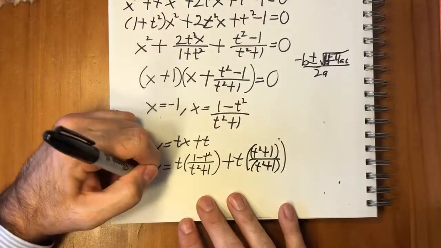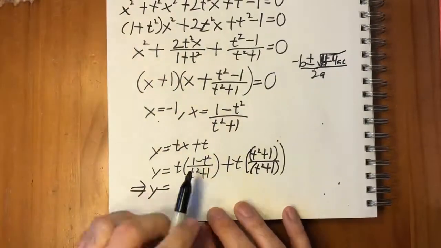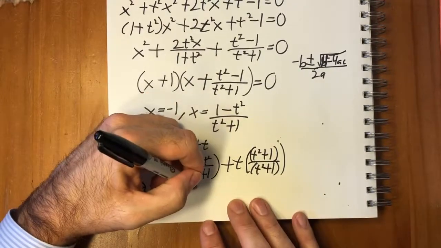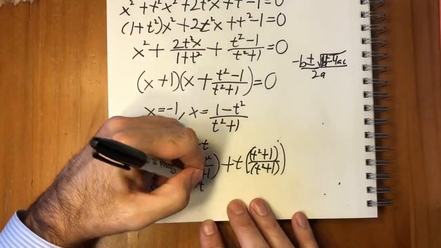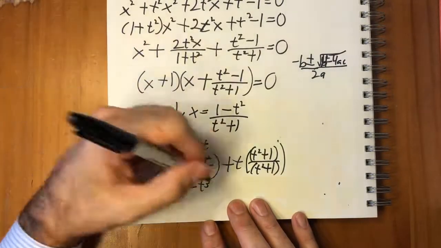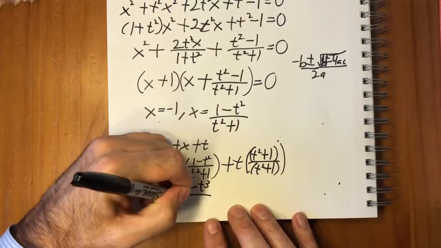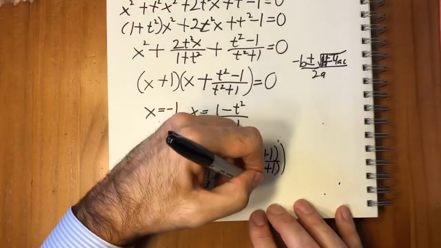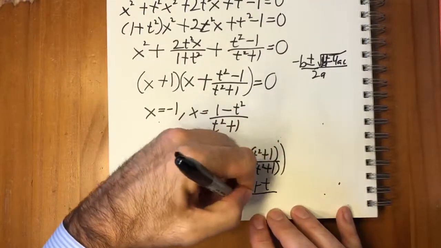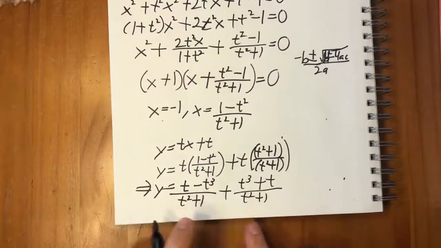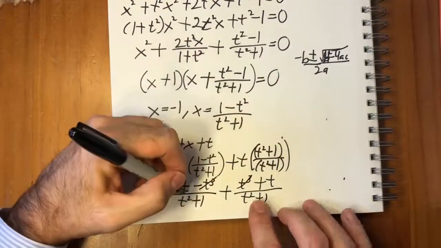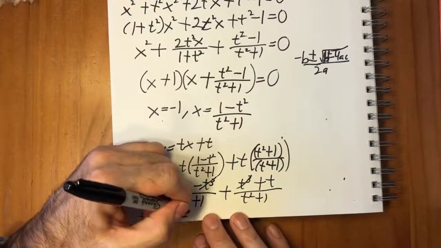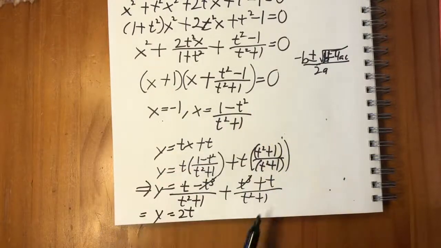If we multiply that through, we get t minus t cubed plus t cubed plus t. So these go together and these all go together. Cancel these and we end up with 2t here. So y equals 2t. Okay? So we have x equals this and y equals this.